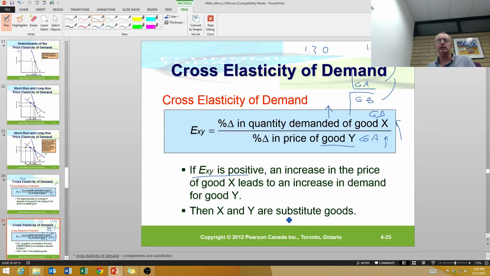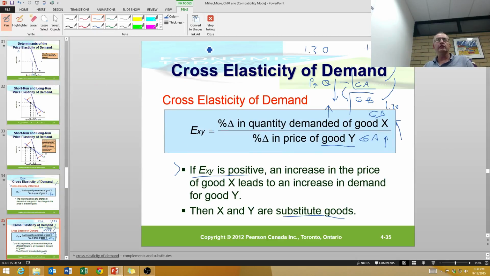Because the gasoline at the two gas stations are substitutes for one another, and an increase in price at A results in a big decrease in quantity at gas station A, because everyone's going to drive across the street where gas is still $1.20 a liter. So the gasoline at competing gas stations in the same neighborhood probably has a high cross-price elasticity of demand because they're substitutes.